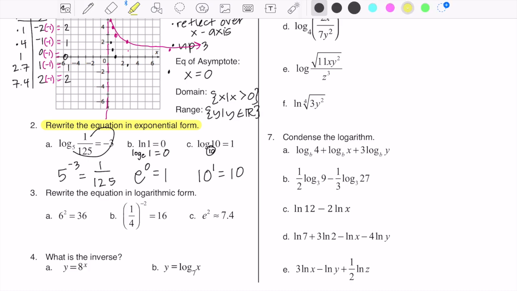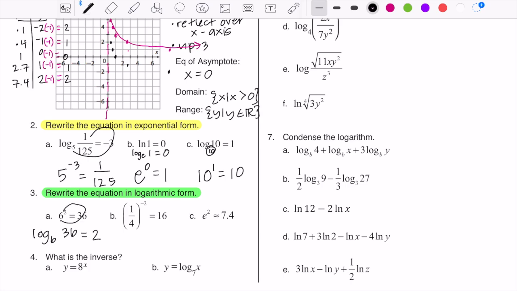The next one says to rewrite the equation in log form. So we're going the other way. If it's in log form, it should probably start with the word log. Whatever the base of the exponential is, that's the base of the logarithm. And then logs are exponents, so the exponent becomes what the log equals. That leaves 36 to be the argument.